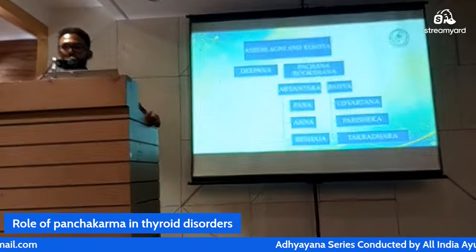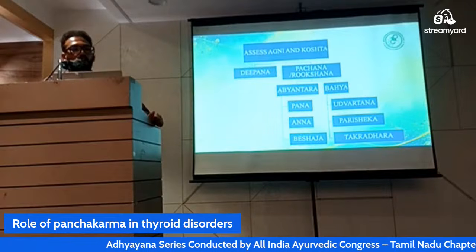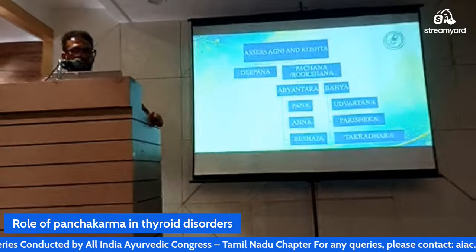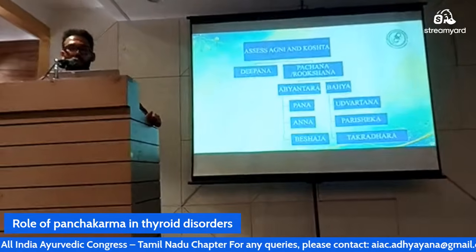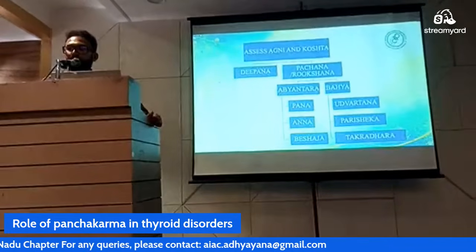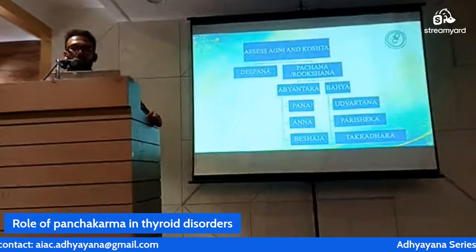Pana could be Panchakola Phanta or Shunti Kashaya, which are given. Anna refers to the food which we are giving. It should be Laghu Bhojana and Anabhishyandi, given to the patients so that Agni Deepti takes place. Third is the Aushadha, where we select Chitrakadi Vati, Agnitundi Vati or Sadharana Vati, which do the Rukshana Karma.